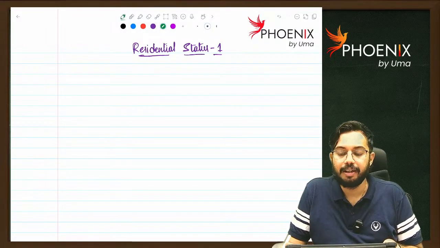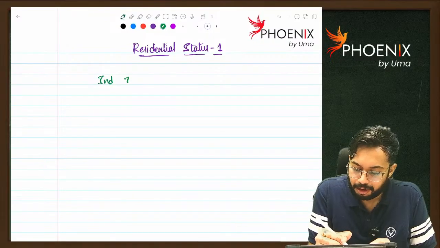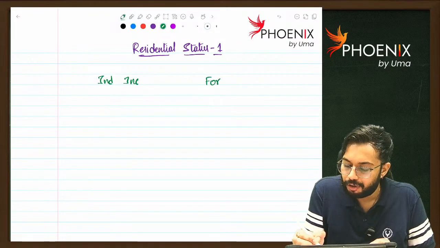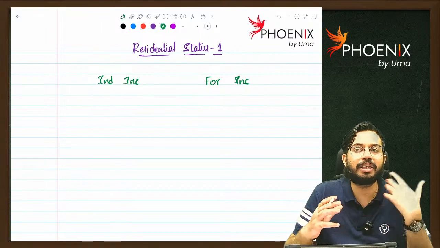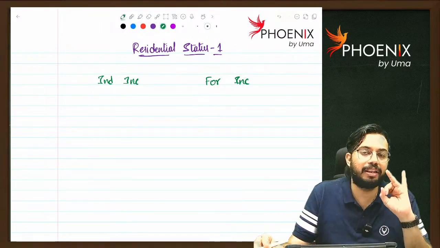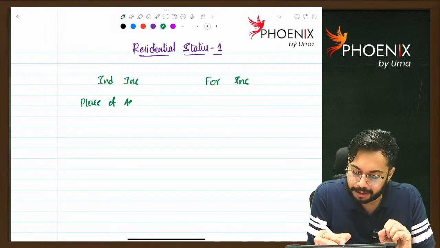Now, see, there are two types of incomes: Indian income, foreign income. What is the difference? To tell whether an income is Indian income or foreign income, we will check two aspects: place of accrual, place of receipt.